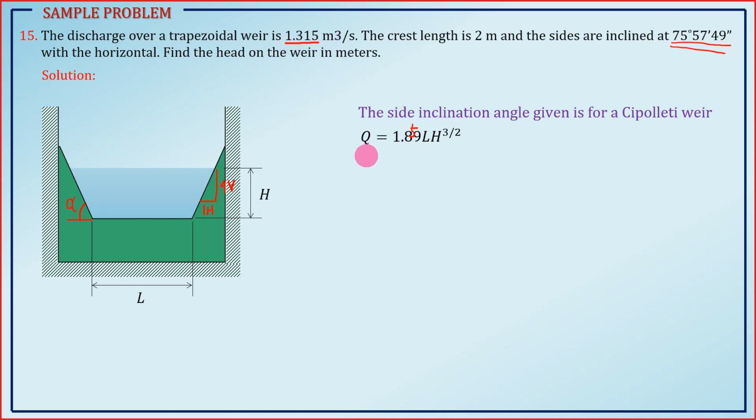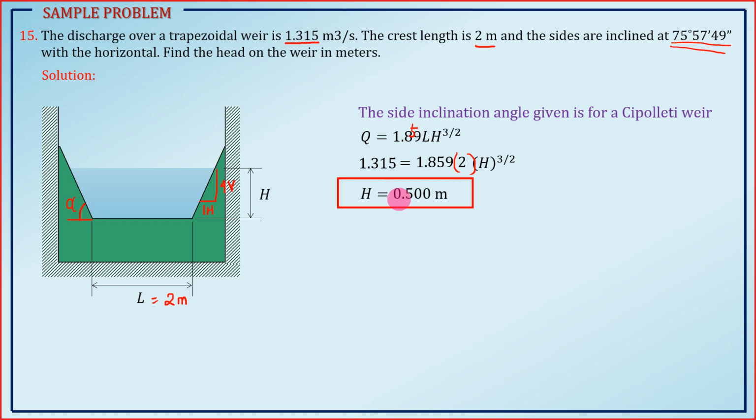So, substituting, we have 1.315 equal to 1.859, take note, there is a 5 after the 59, times L, which is 2 meters, the crest length, times H raised to 3 halves. H is the unknown in our problem. Solving for H, it is 0.5 meters. So, it is solved directly using our empirical equations.